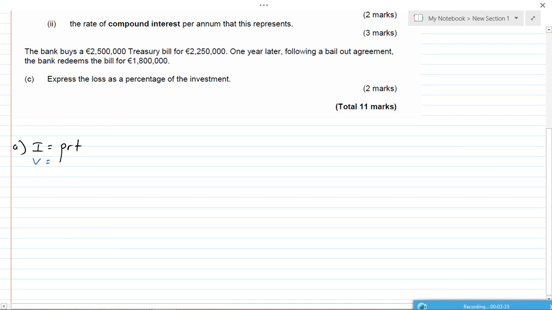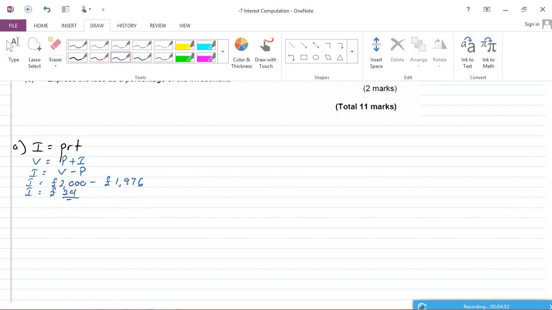Therefore V equals P plus I. To get the I, V minus P. So you take 2000 minus 1976, and you will get your interest, which is 24.